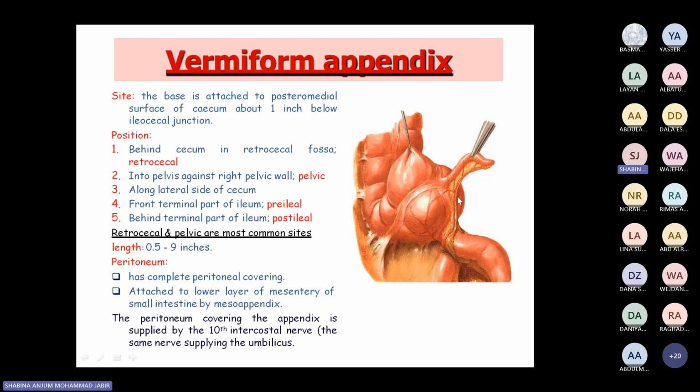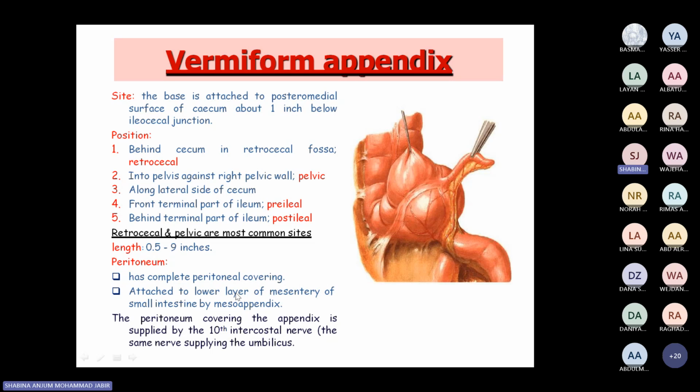Now we all know that the pain of appendicitis, generally, will refer to which area? Any idea? The pain of the appendicitis will refer to? Umbilical region. Very good. Why? Because the visceral structure is related to the umbilical skin.